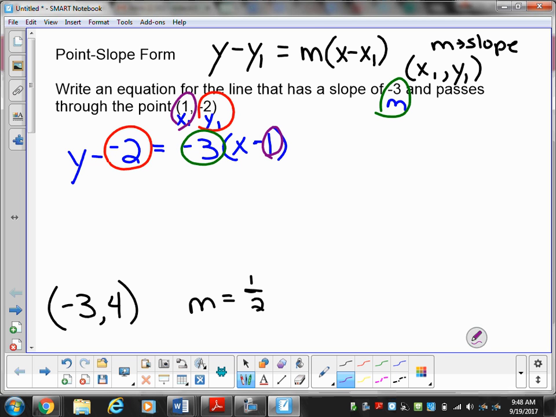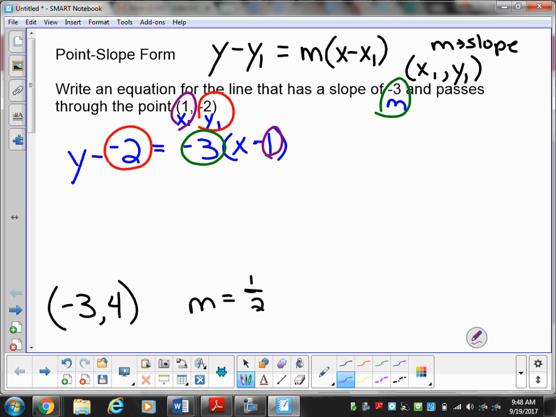So what can I do to make that equation look a little bit better? Subtract something. A lot of times, the multiple choice questions especially are going to ask you to write these in slope-intercept form, so they want y by itself.